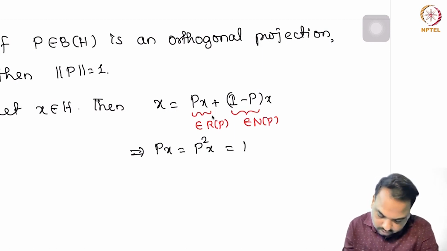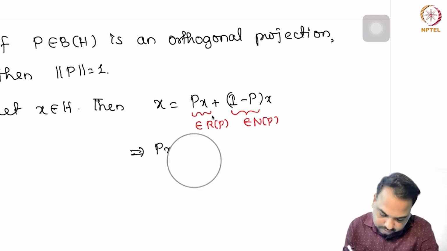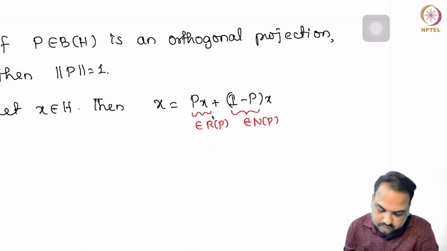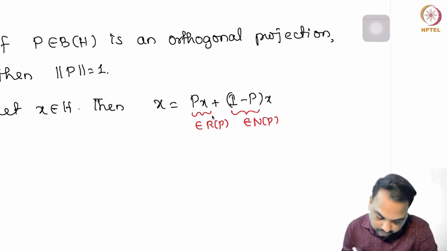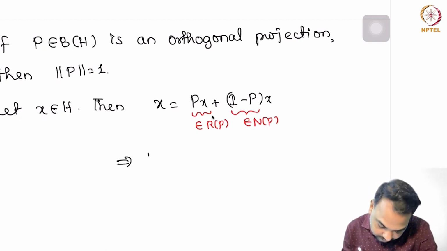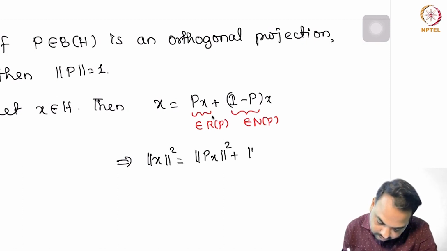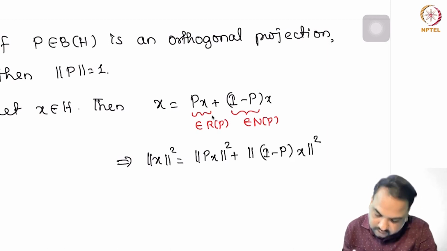Okay, so now if you look at this, it implies norm of x square is nothing but norm of Px square plus norm of (I minus P)x square.